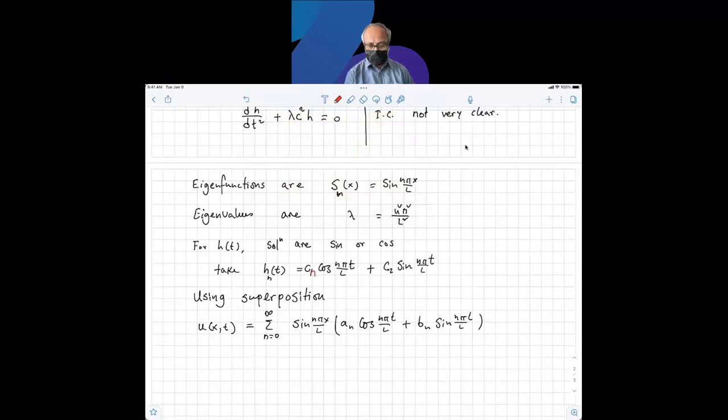Instead of Cn, maybe I can just change these two also here. An doesn't matter. So maybe Bn. Because there would be another coefficient for sine, right? So another coefficient behind sine, and that goes here, makes it C2 A and B. But it is an arbitrary constant, so you can just choose it as you like.